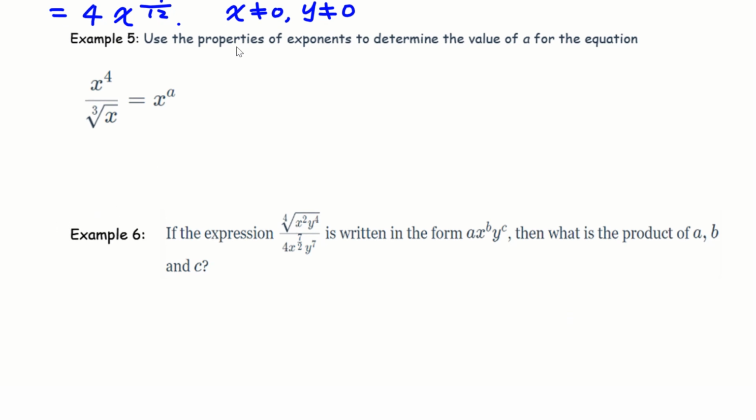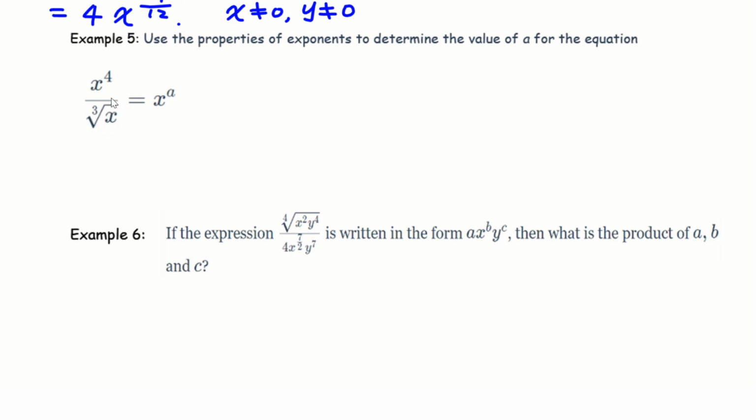So this one use a property of exponents to determine the value of a for the equation. So this one we have the left side, we have the division, so we have the radical sign. We want to change it to rational exponent, fraction exponent.